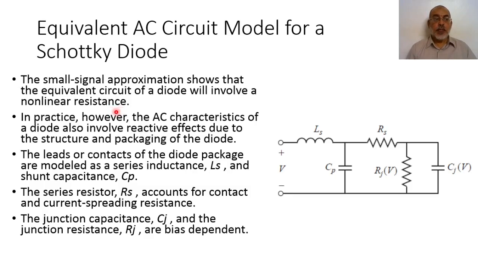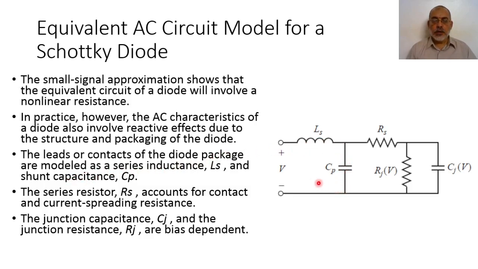the previous video. However, in practice, the AC characteristics of the diodes involve relative effects due to the structure and packaging of the diode. For example, the leads or the contacts of the diode package are modeled as series inductance and shunt capacitance.